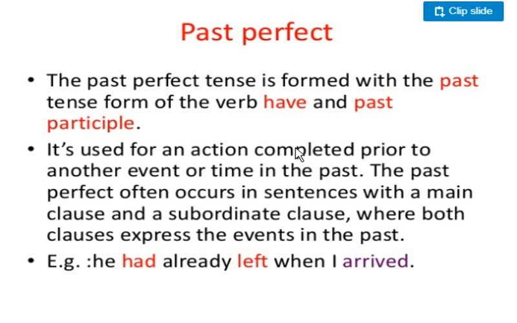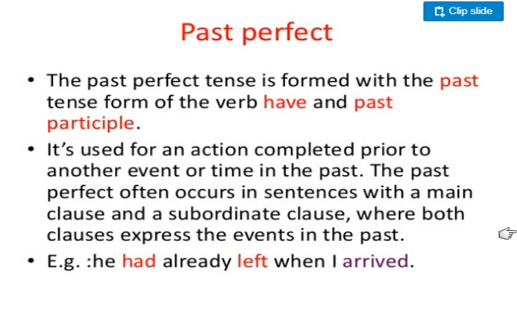Past perfect. The past perfect tense is formed with the past tense form of the verb "have" and the past participle. It is used for an action completed prior to another event or time in the past. The past perfect often occurs in sentences with a main clause and subordinate clause, where one clause expresses events in the past.